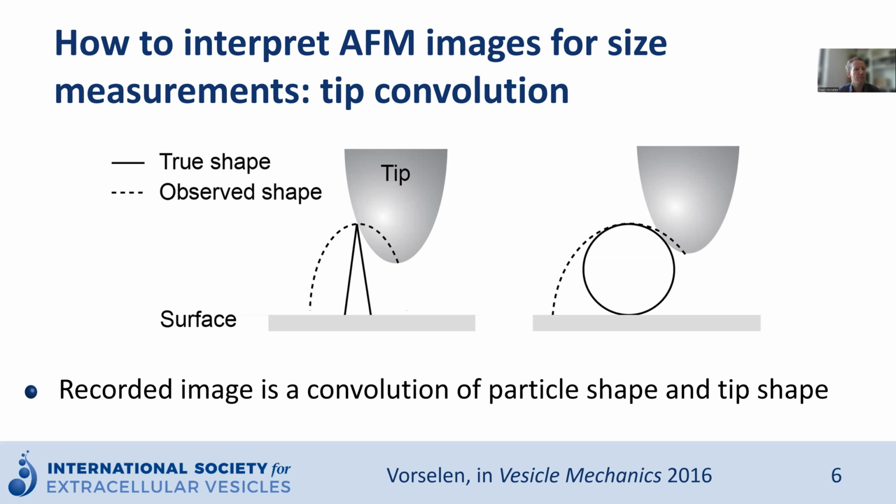The resultant image is mostly reflecting the AFM tip. Whereas when the tip is small compared to the sample, you mostly image your sample. For vesicles or for EVs and the typical tip size used for AFM, we can't completely ignore the tip, especially not when the vesicles appear rounded on the surface, as you can see here on the right.